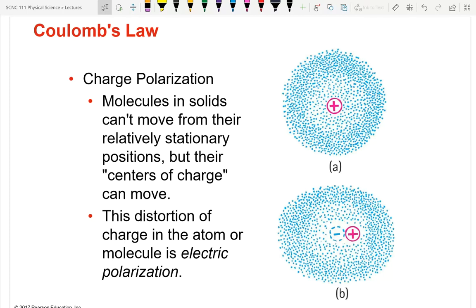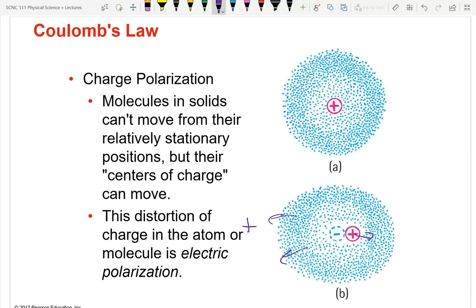If I bring a positive charge close to an atom, what's it going to do to the electrons? Attract, because opposites attract. So if I brought a positive charge here, it would be pulling the electrons over toward it and pushing the nucleus away.